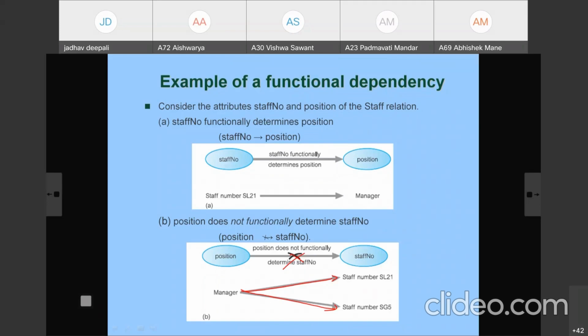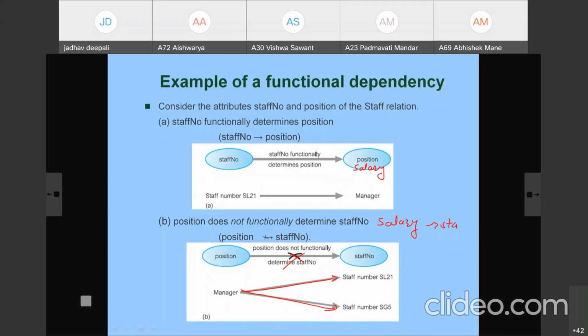In this way, can we write salary to staff number? We can write staff number to salary instead of position. It is correct. Why? Because that staff has this particular salary: 90,000, 8,000, 18,000, 30,000.